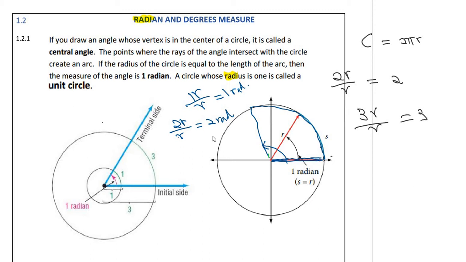And so forth. Now, when I went all around the circle, it means I went 2 pi radius.